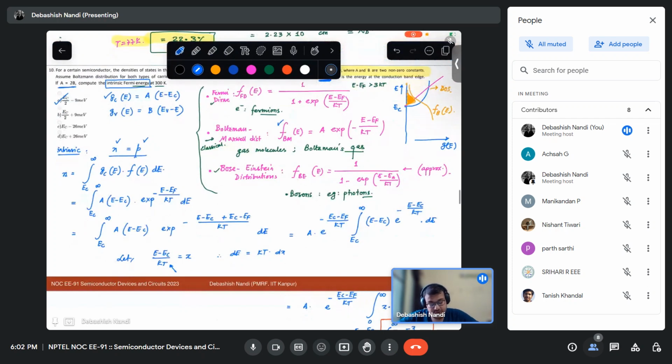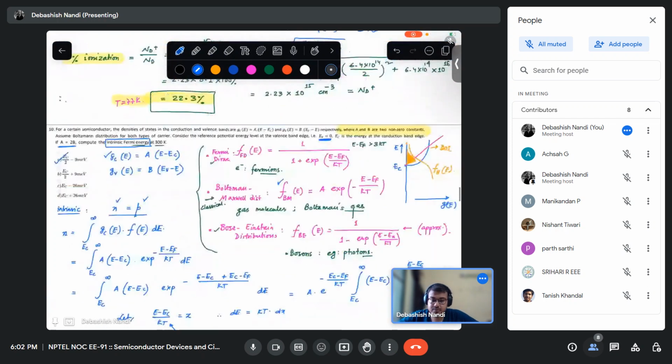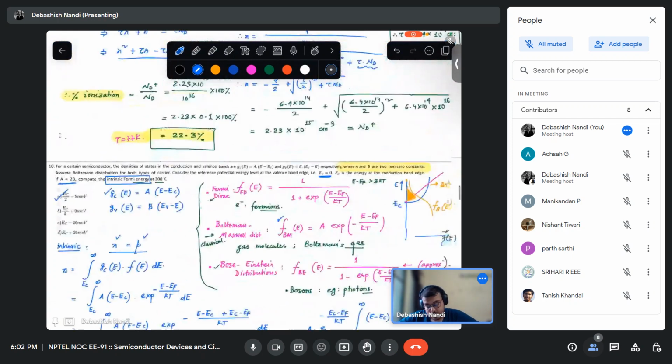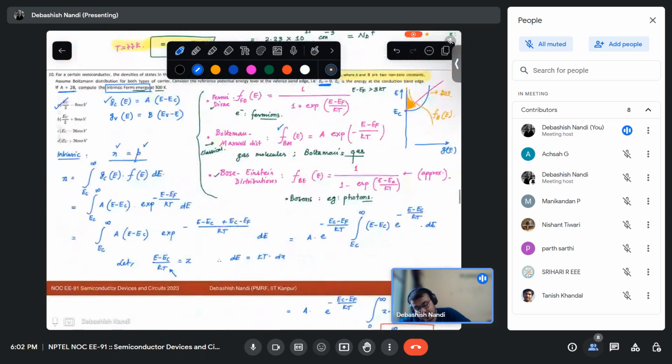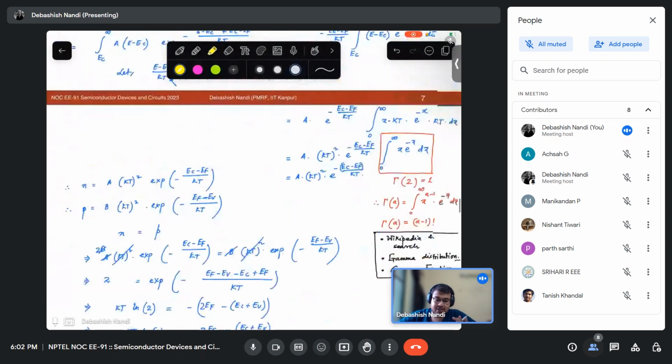So any question till this point? What is the crux of this problem? You need to understand how you calculate the carrier concentration, and what you mean by intrinsic. The rest is just simple mathematics.